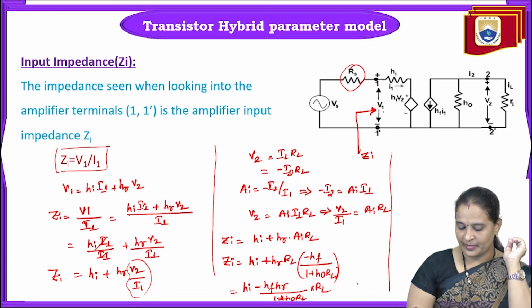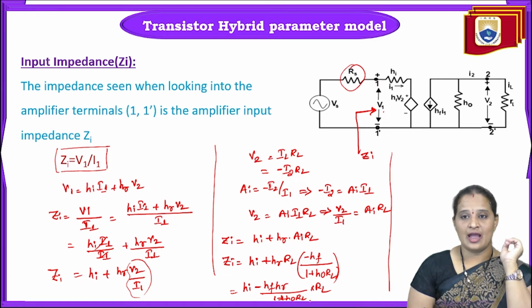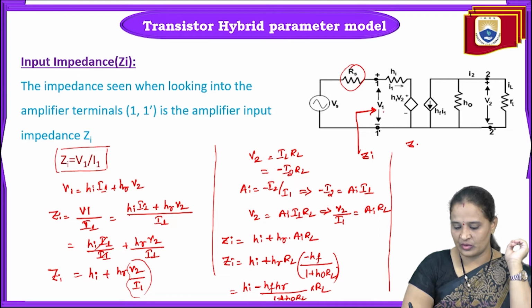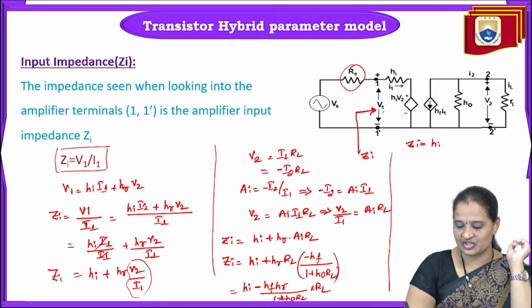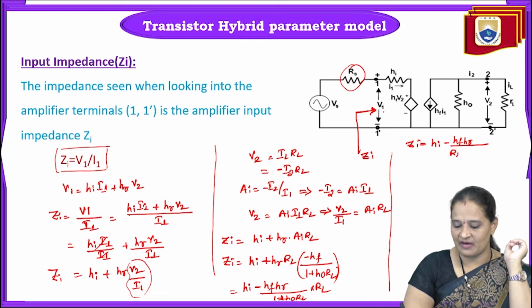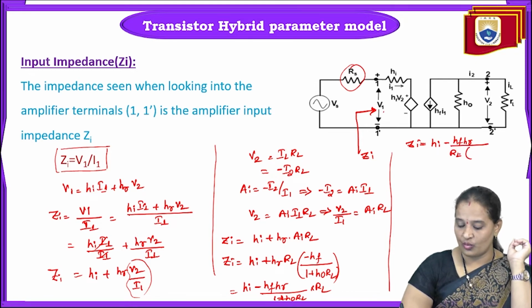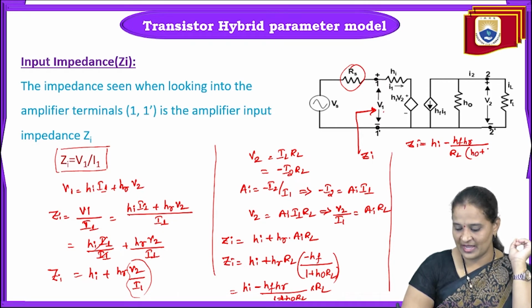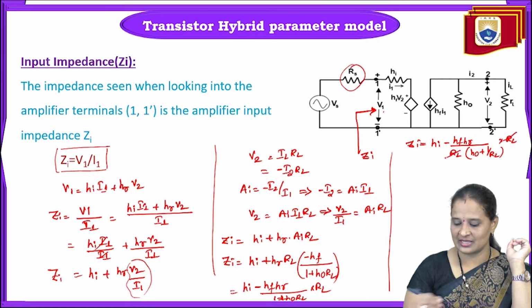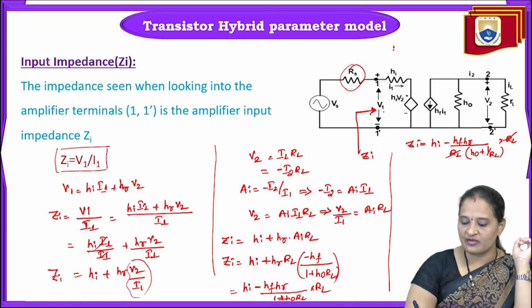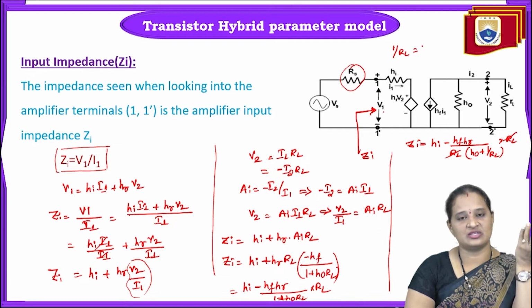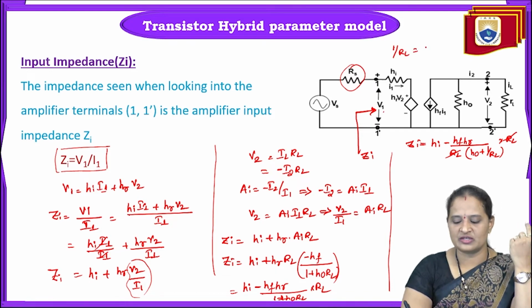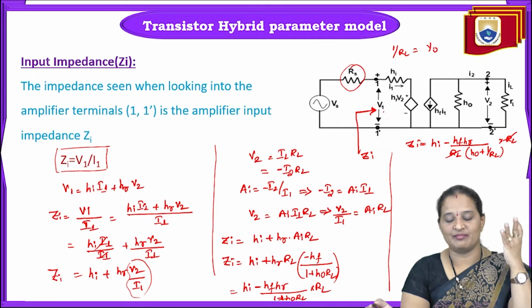Now I'm taking RL as common in the denominator. So ZI is equal to HI minus HF into HR divided by RL into HO plus 1 by RL. So this RL gets cancelled. The inverse of resistance is nothing but admittance.